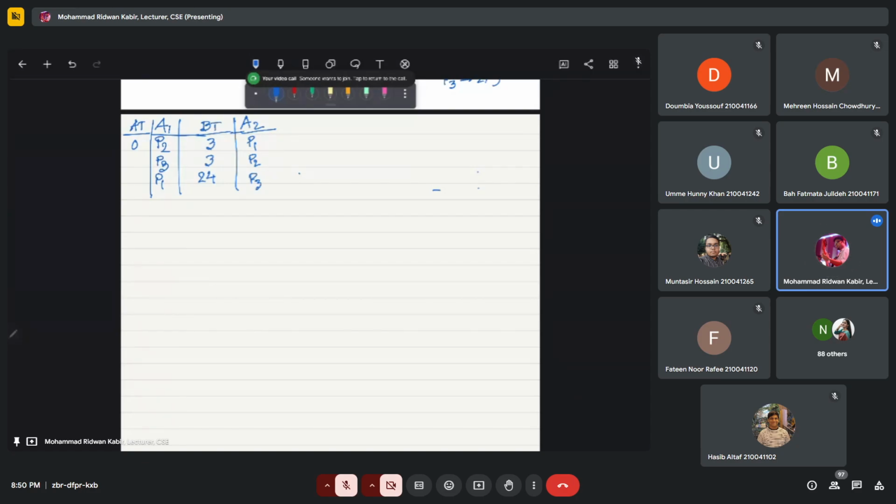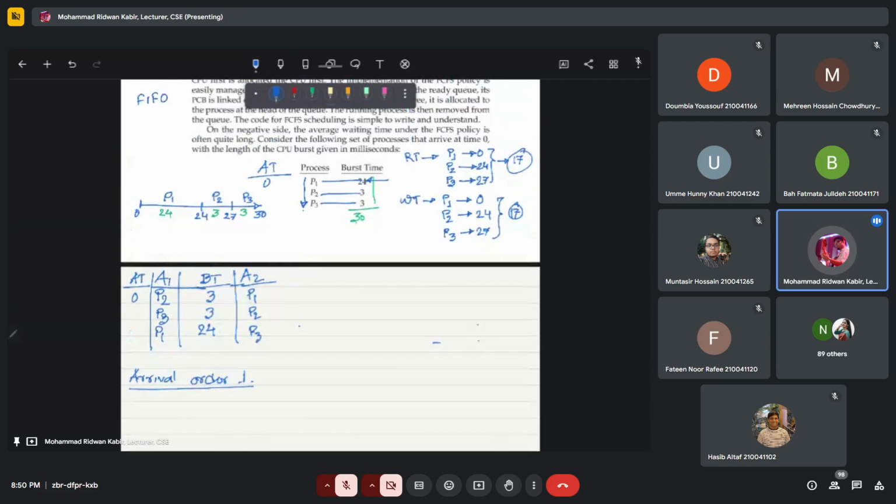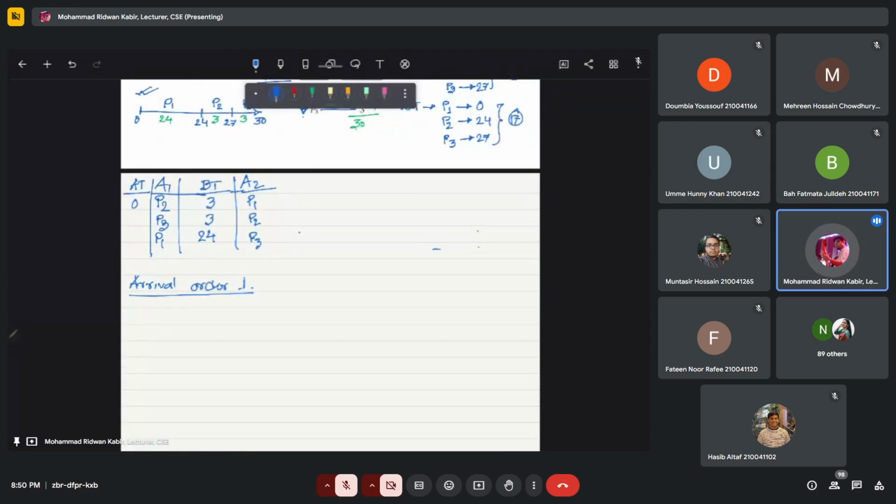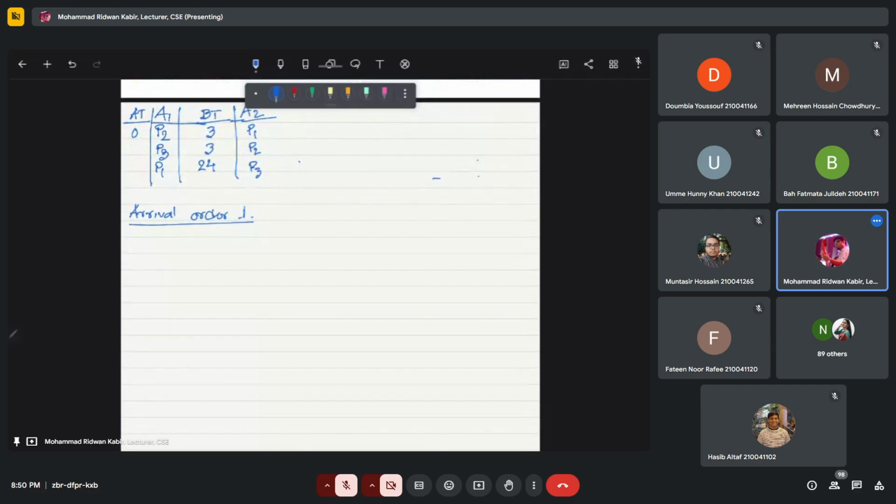So for the arrival order 1, if we draw the Gantt chart, by the way, this particular chart that you can see here is your process Gantt chart, or the process timeline diagram, whatever you want to call it.